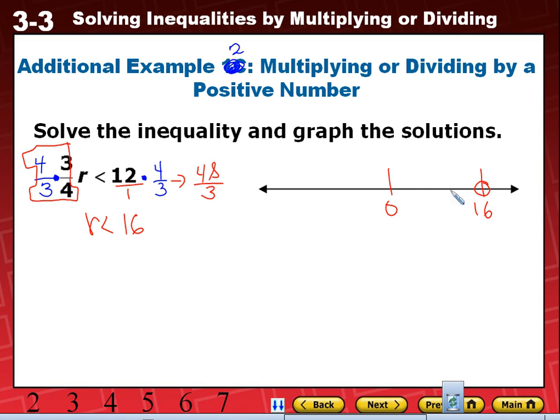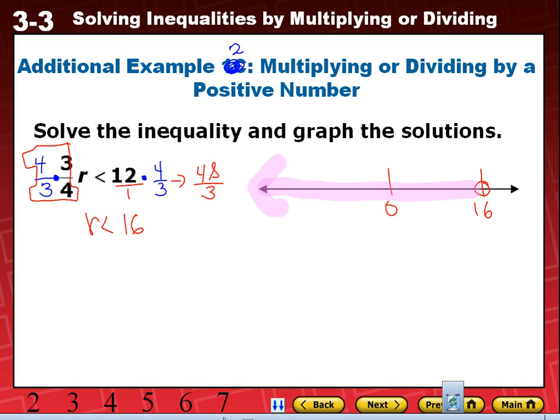So if I was to substitute 16, I mean, not 16, 15, that makes it true. So we got our solution there. So that means any number to this side, if I was to substitute 0, 0 is less than 16, anything to the left. So that means I'm going to shade everything to the left with an arrow indicating that it continues.